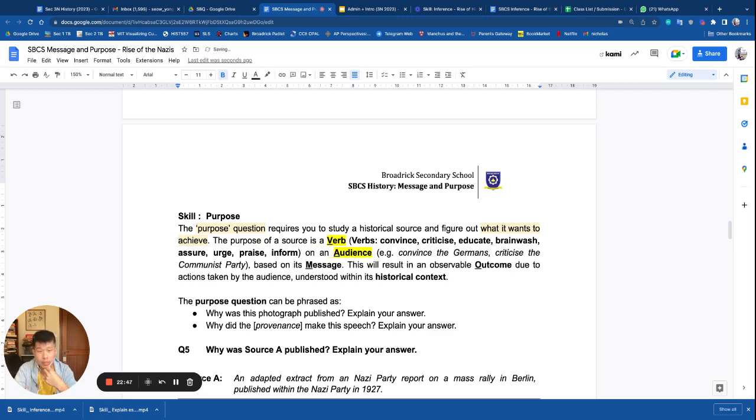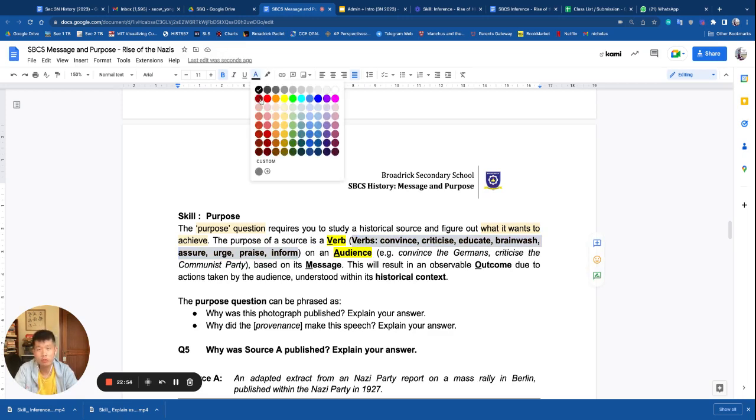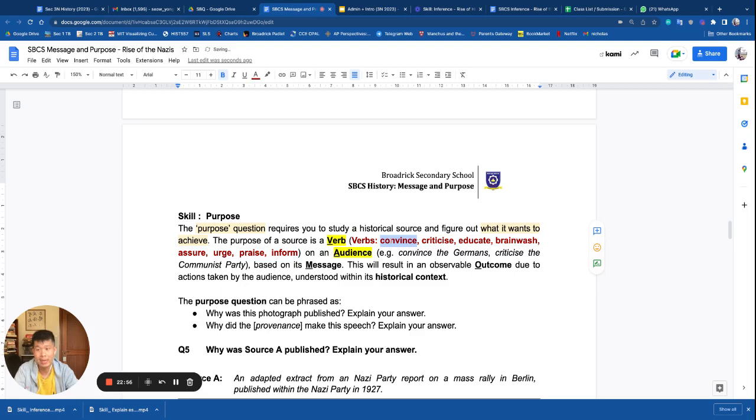Okay, we can start with these verbs. You know, the verb convince is used almost all the time. Like, if all else fails, you just go back to this verb convince. That's the most basic one that almost everyone uses all the time. But sometimes you realize that there may be other verbs that are more suited.